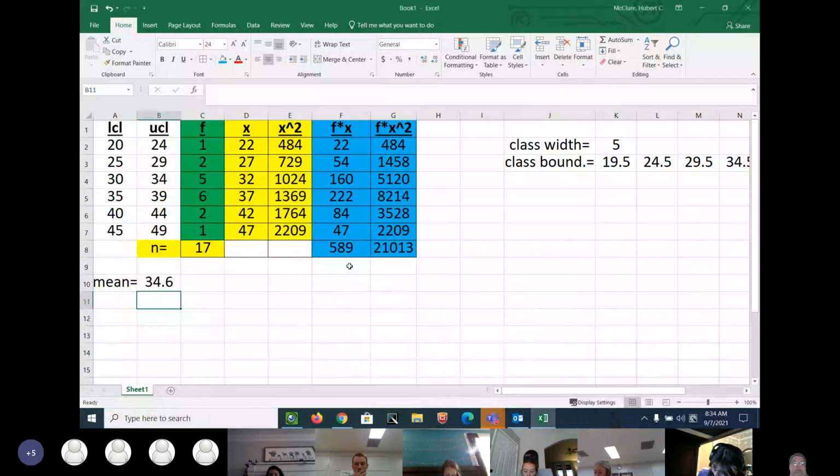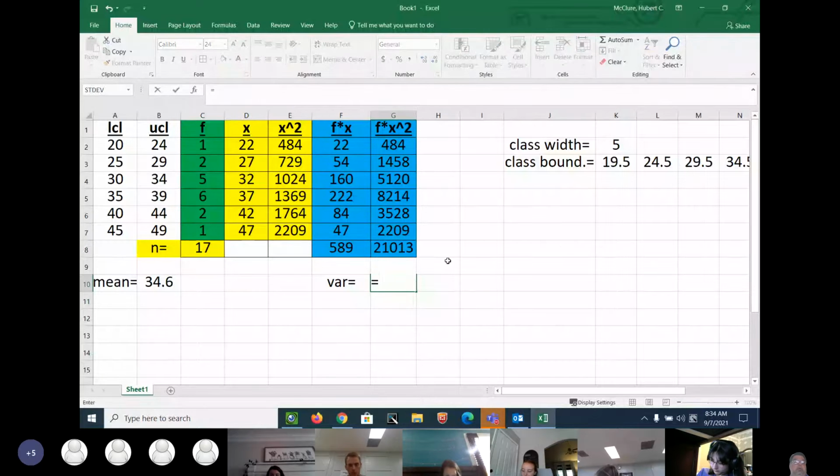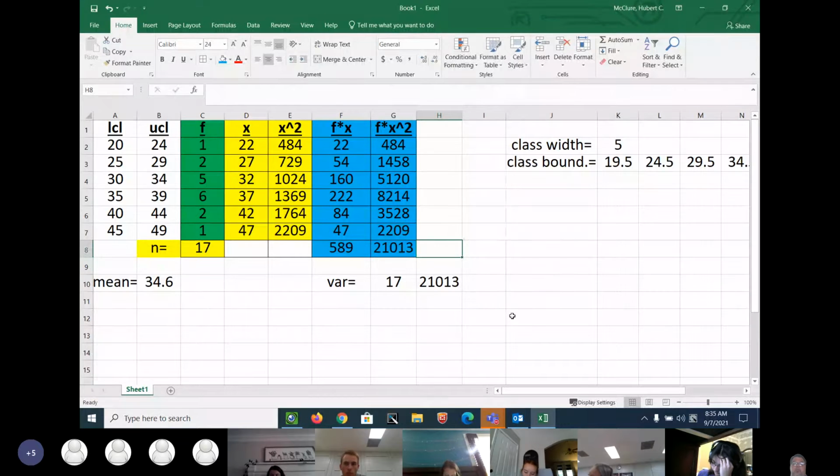So variance is equal to N times the summation of F times X squared minus this guy raised to the second power.